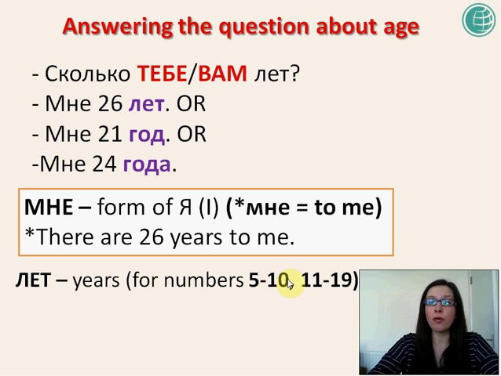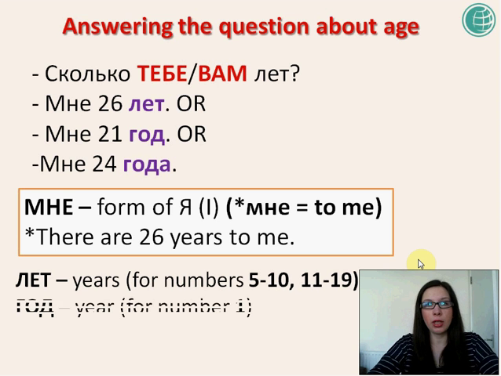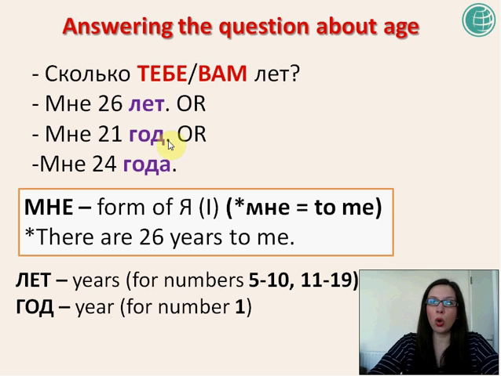And also from 11 to 19. 11 лет, 12 лет, 13 лет, 17 лет, 19 лет. The word год, which means year, only 1 year, we will use for one number. Number 1, один.